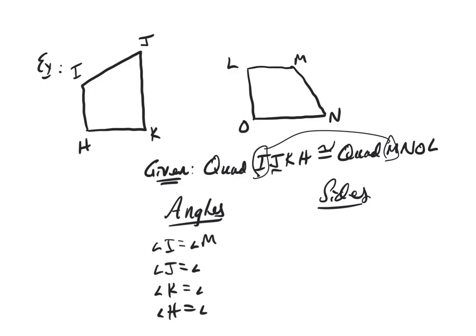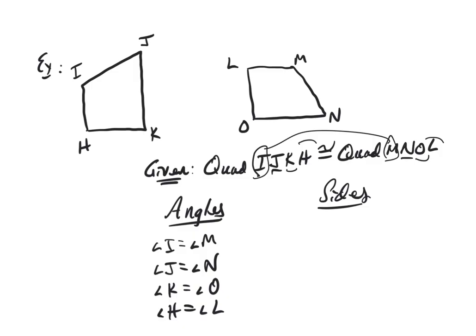Since J is the second, N is the second, J and N have to be equal. K is the third, O is the third, K and O must be equal to each other. H is the last, L is the last, so those have to be equal to each other.